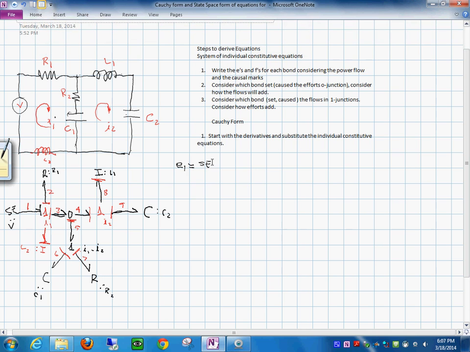So this is SE1, like this, for E1, and F1 is equal to what? To this one we need to have a number here. This is a 10. So this is F sub 10 because it caused 10. E sub 2 is what?